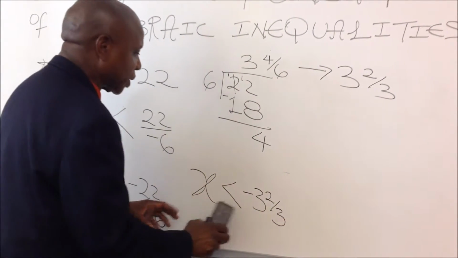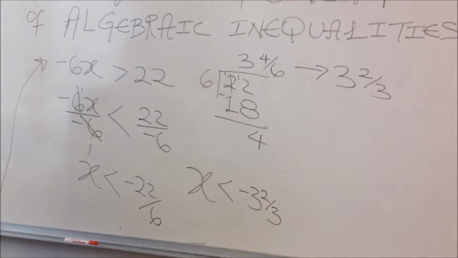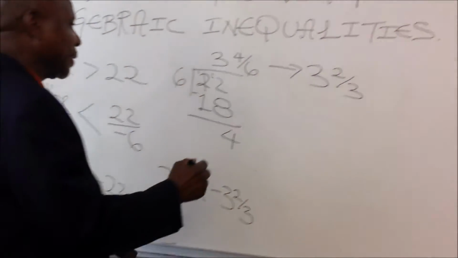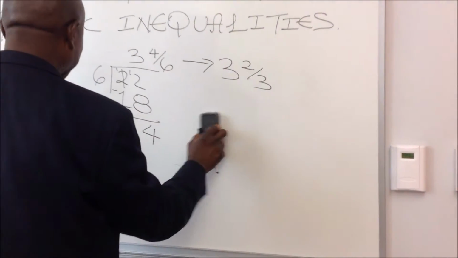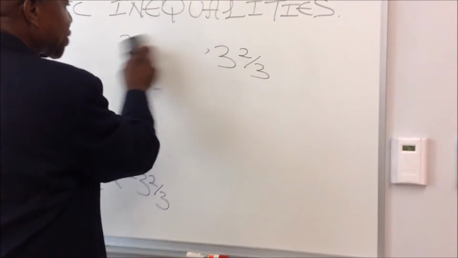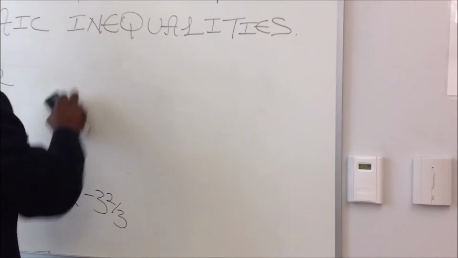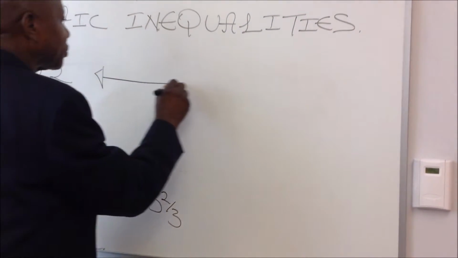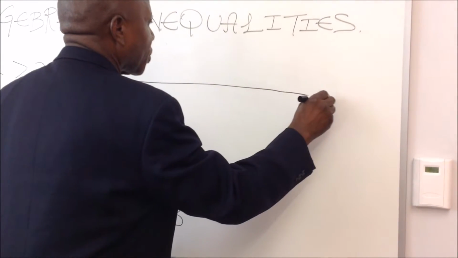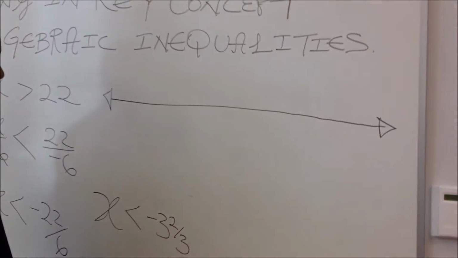How do we represent this on a real number line? Let us see how we can go about representing the solution on a real number line, or what we could call graphical representation of the solution.